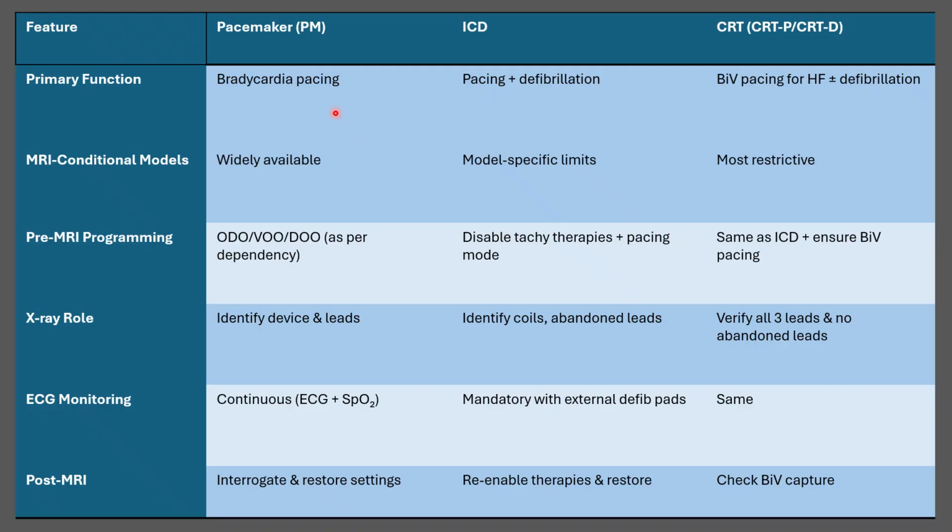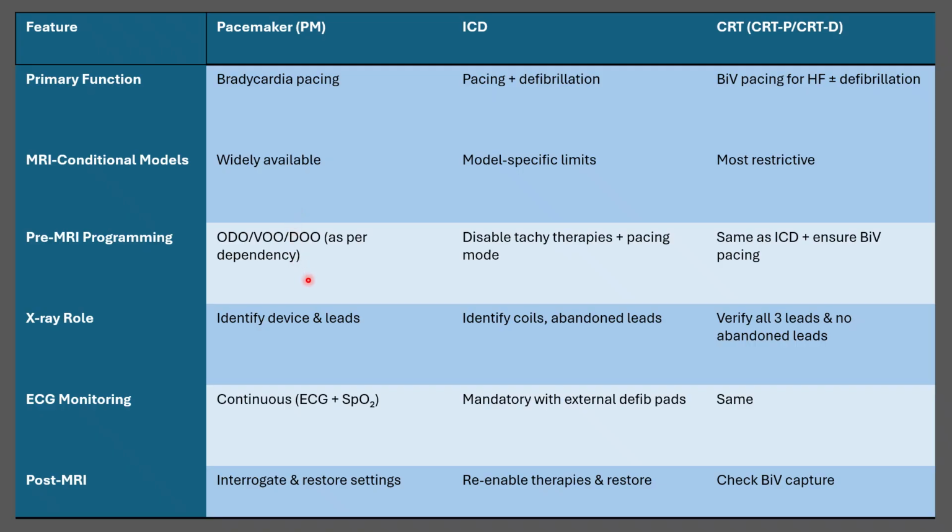I will summarize the three devices: pacemaker, ICD, and CRT, and their use. The primary function of the pacemaker is pacing during bradycardia, and it's compatible with MRI. There are widely available devices compatible with MRI.